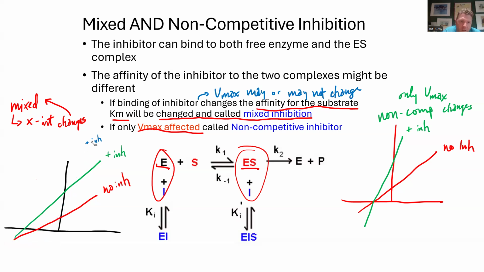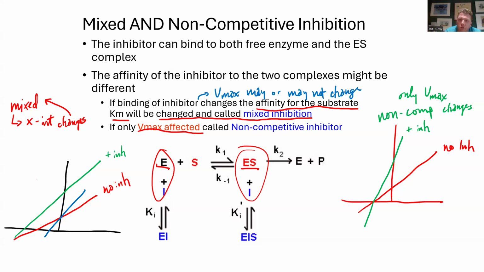I'm going to erase this line, this line, this line. There we go. Then I'm going to go here. Oh, look at that. If this molecule is capable of binding the free enzyme and the enzyme substrate complex, that type of inhibition would be mixed, because my Km changed.